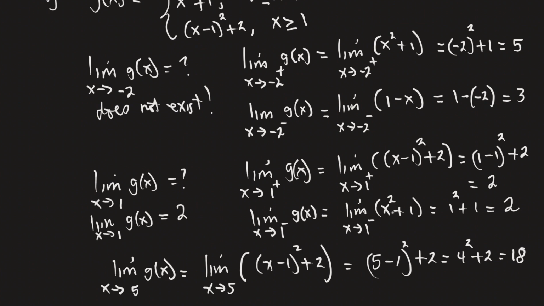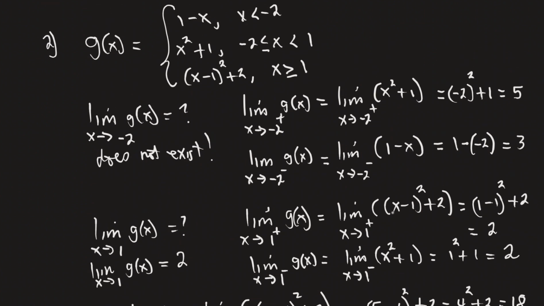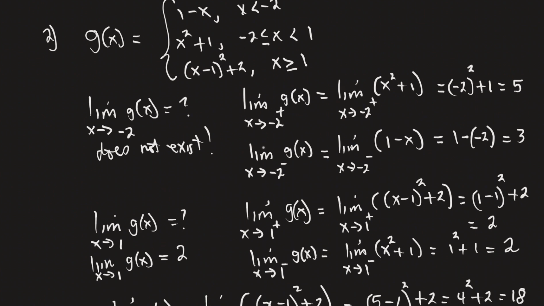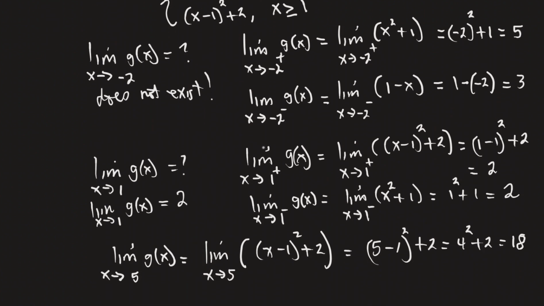So again, with piecewise functions, looking at the domain and seeing where the function changes from one form to the next, or one piece to the next, that will determine whether or not you have to split the two-sided limit into the two one-sided limits, or if you can just evaluate by plugging in, right?